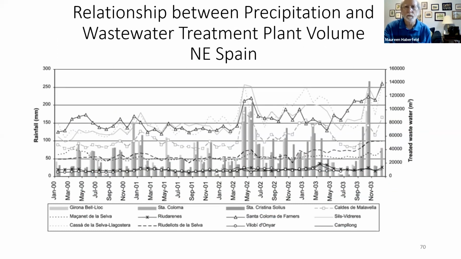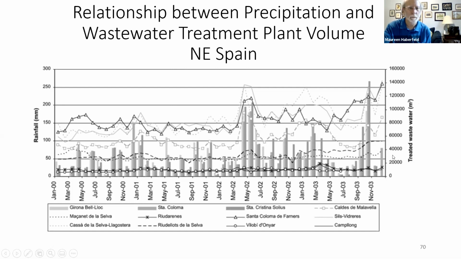I mentioned before that the volume wastewater treatment plants have to treat goes up a lot when there are heavy rains, because stormwater is being introduced into the plant, either deliberately in places or not deliberately. This is a graph from northeastern Spain, and it plots rainfall on the left against the amount of treated water at the plant on the right.